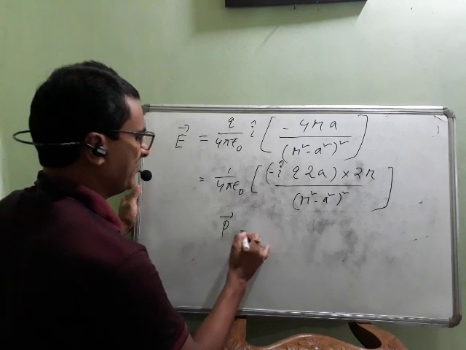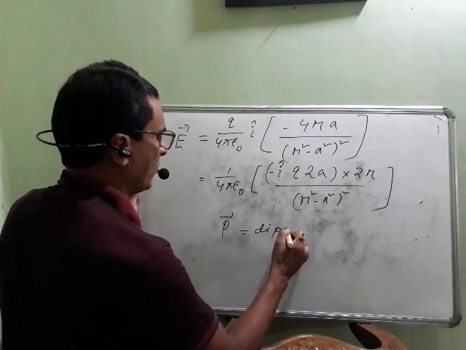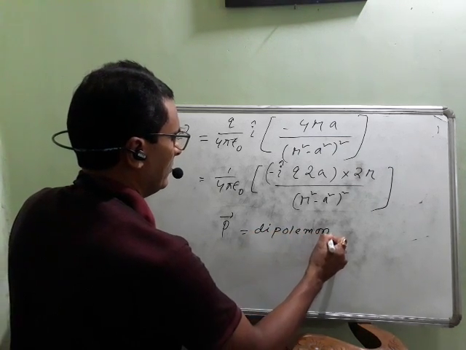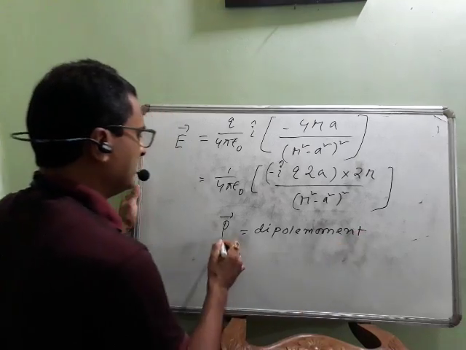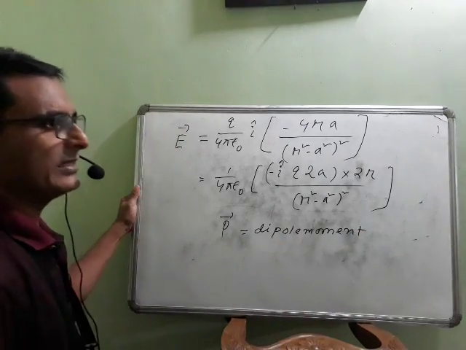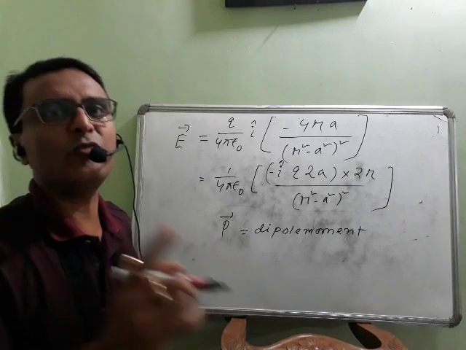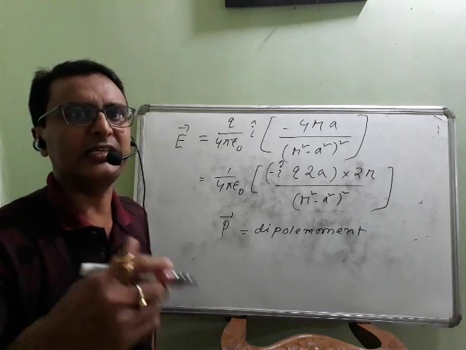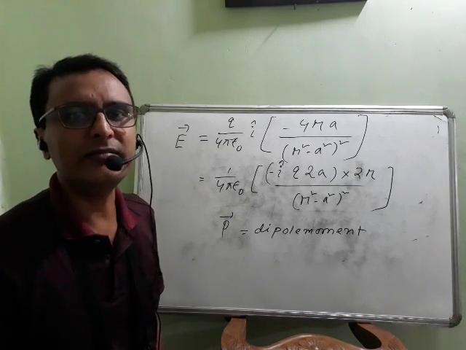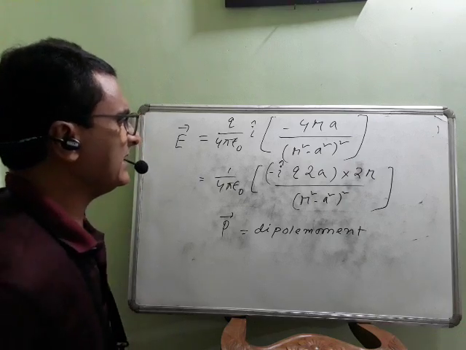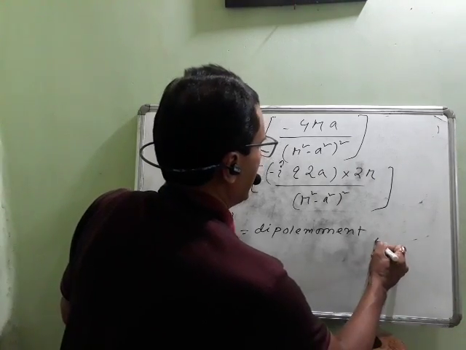What is the P vector? The P vector is nothing but the dipole moment. So what is the direction of the dipole moment? The direction of the dipole moment is always from negative to positive charge, that is, along the direction of the dipole length. Now what is the direction of i cap?